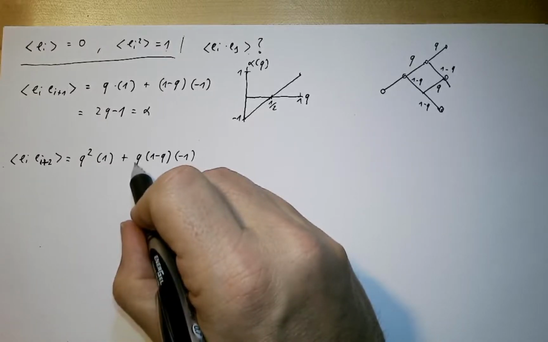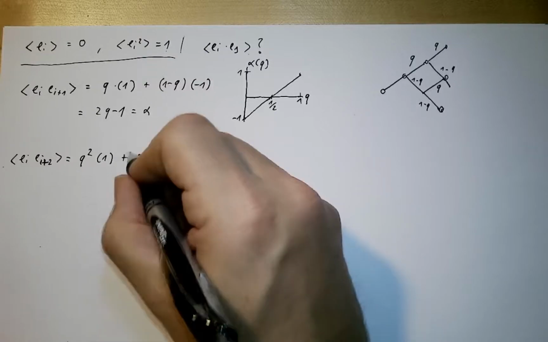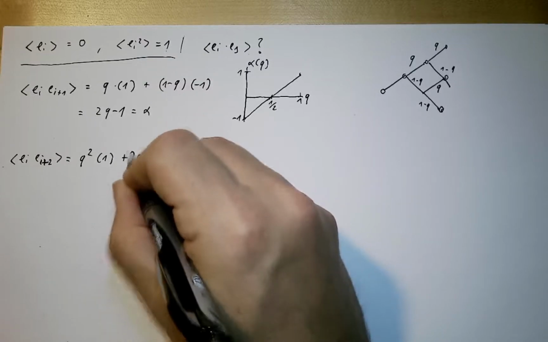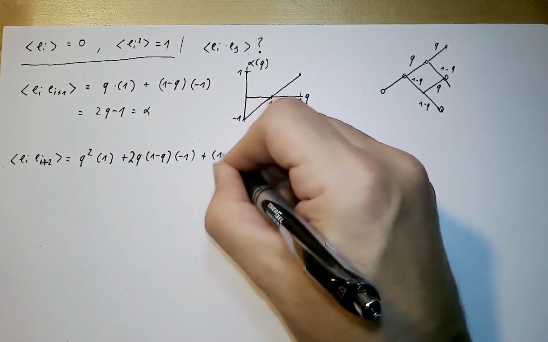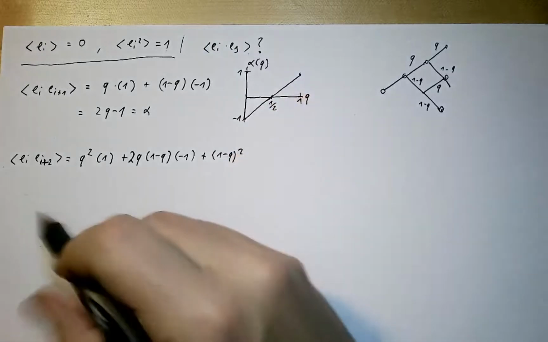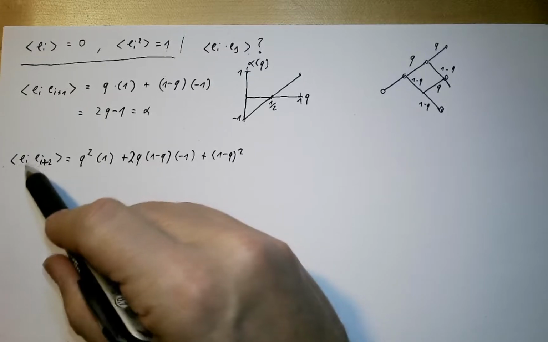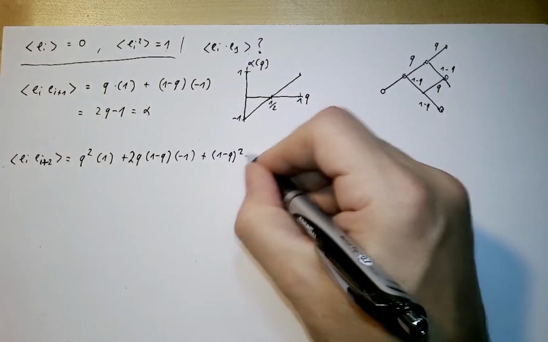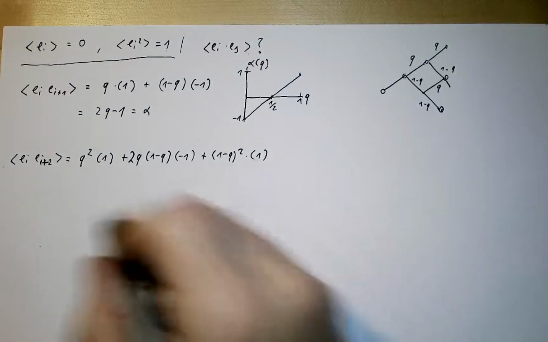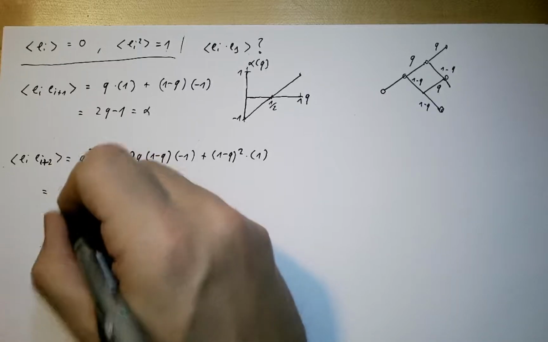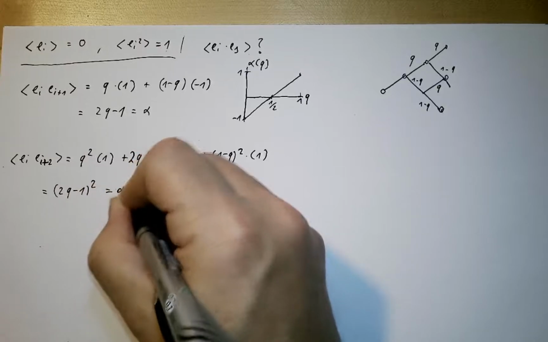This was the case of first q and then 1 minus q, but we could also have first 1 minus q and then q, which gives the same number, so we have a factor 2 in front. Then with probability 1 minus q squared, we invert the sign 2 times. Two inversions give again the same sign, so we multiply with +1. And now you have to work this out.